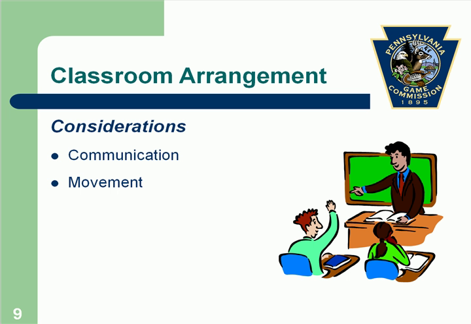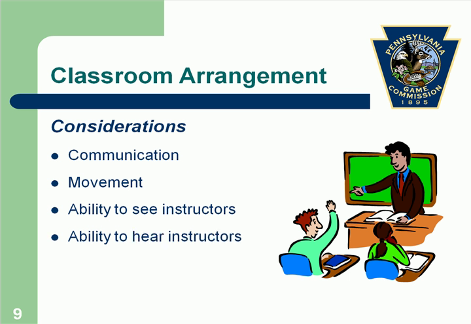Movement by instructors and students in the classroom. Students' ability to see the instructors. Students' ability to hear the instructors. And visual distractions, such as those we've already discussed. Let's take a look at the three basic types of classroom arrangements.